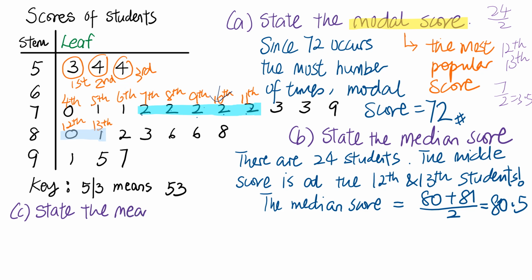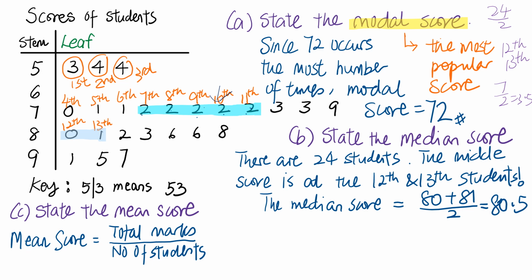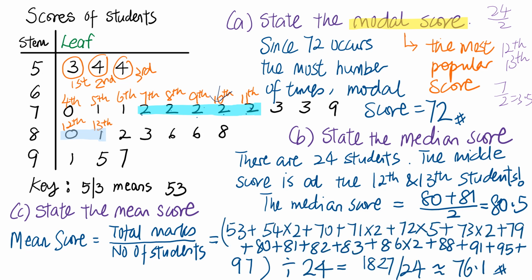Sometimes the questions will ask you to find the mean score. Mean score meaning the average score. So we need to take the total score divided by the number of students. So total score means, right, so that's 153. That's 254. So 53 plus 54 times 2. That's 170.